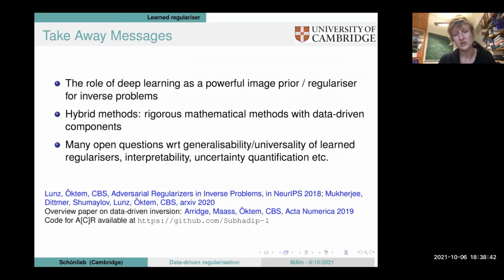So takeaway messages. The role of deep learning, I think, in inverse problems is really the one of something that can capture prior information about the problem you want to solve. I focused on the regularizer mainly, and I really think this is the thing we can get most out of it.